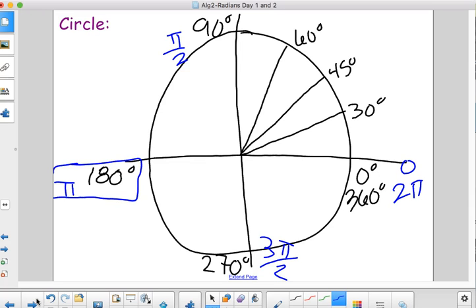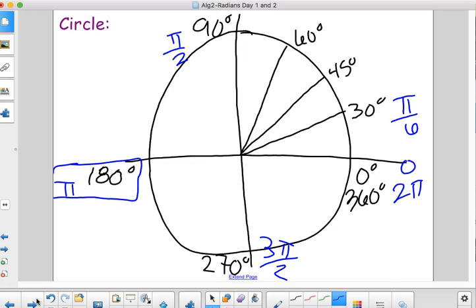All right, the last 3. 30 times what is 180? 6. So 180 divided by what is 30? 6. So do you agree 180 divided by 6 is 30? So this angle is pi over 6. Because you literally take your pi, you divide it by 6, and you get 30. 45.